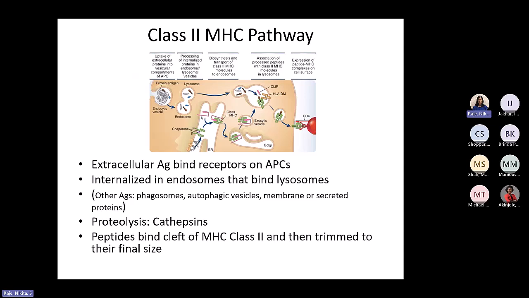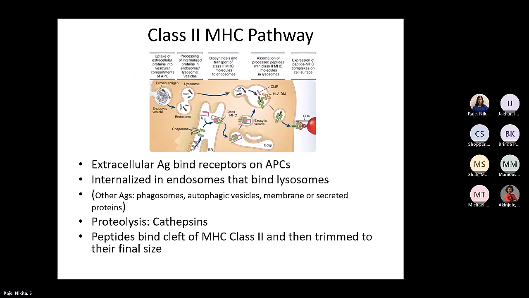So that's the process, a little different from class 1 MHC. Here, the endoplasmic reticulum makes the molecule, but that MHC molecule is not loaded with peptides. It's transported so that it gets to the endolysosome without its cleft being loaded by peptide.